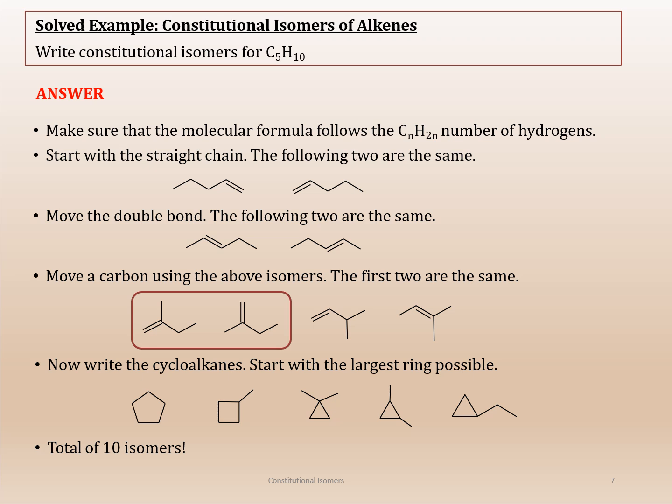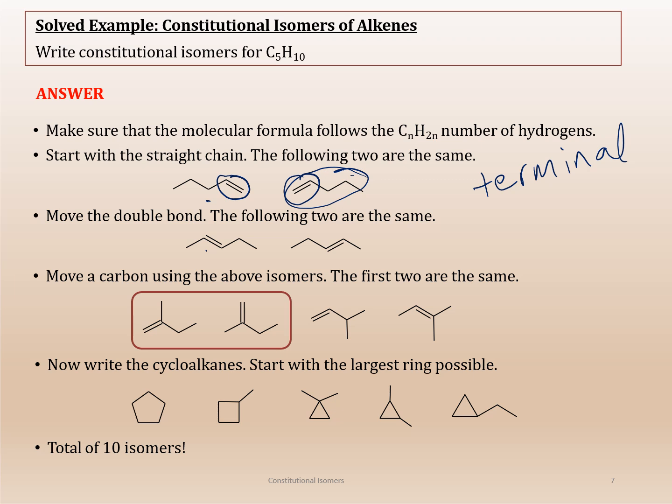This is called terminal, right? I've been using that word before. This is another place where you can see terminal, and then internal would be inside the chain. So whether this is terminal or this is terminal, it doesn't matter, because you can flip this molecule and it will look just like the first one.